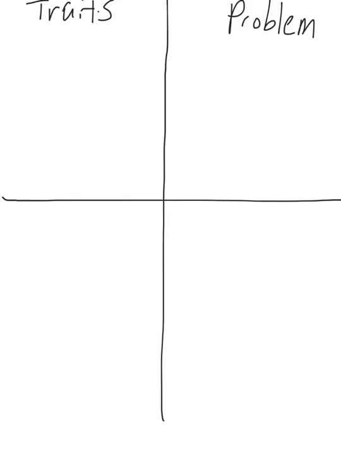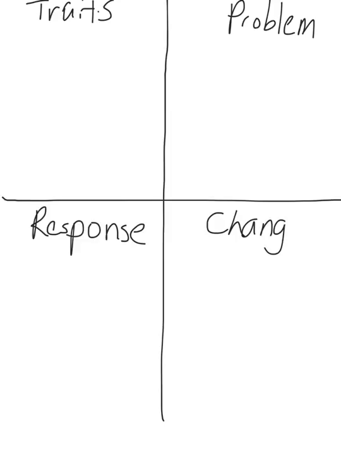They have to have a problem. They're going to have to have a response to the problem. And then they're going to have to change. How is your main character going to change from the beginning to the end? But we are going to start up here in this box with the traits.